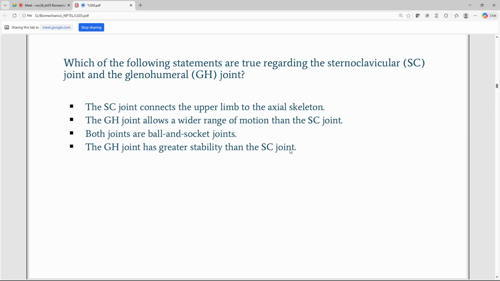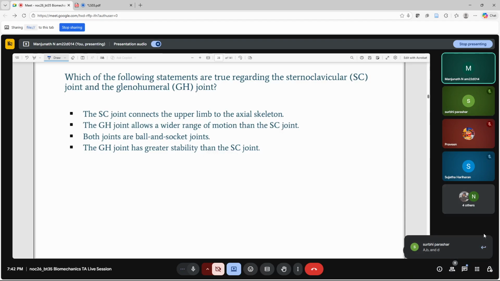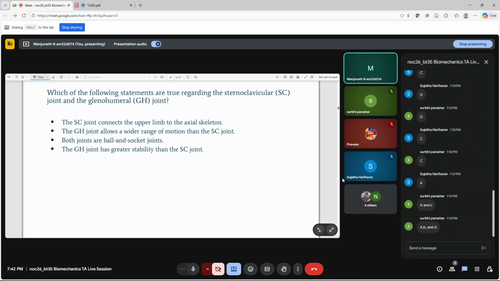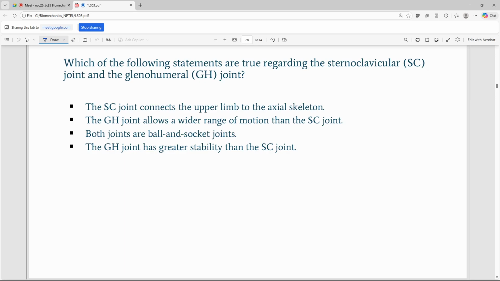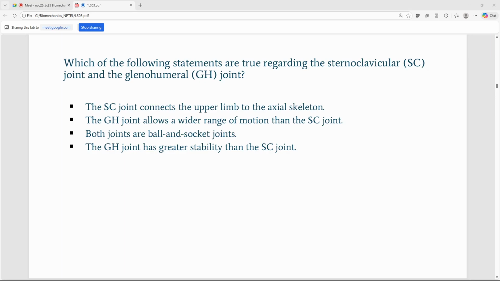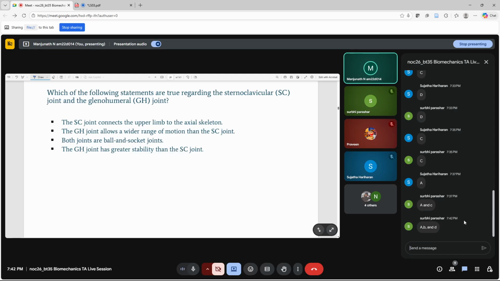If you can recollect what the sternoclavicular joint and glenohumeral joint are, then try to answer the question.